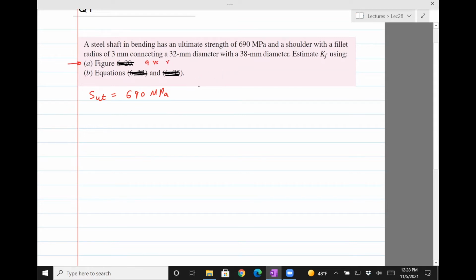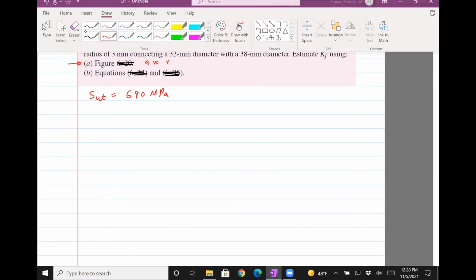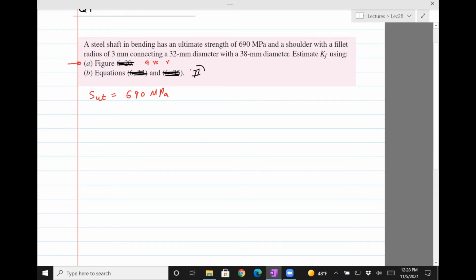So the equations which we used were, I think, in this case, equation 2 and 4. So those equations related the notch sensitivity to the radius through Neuber's constant. So it will be Q as a function of A and R, right?